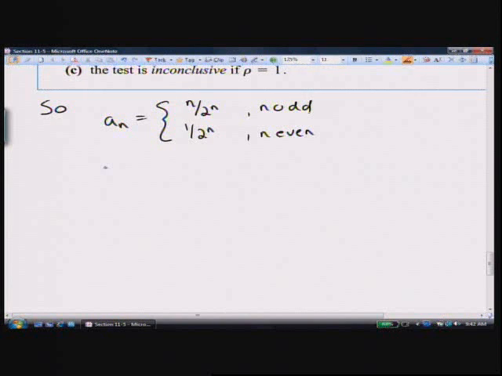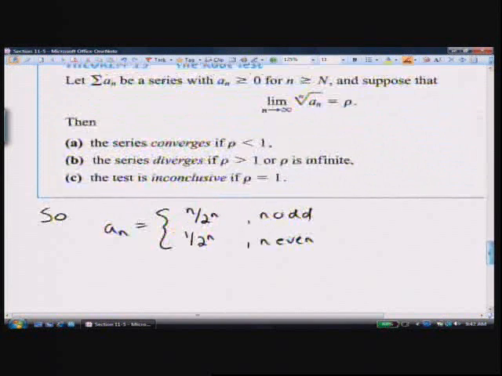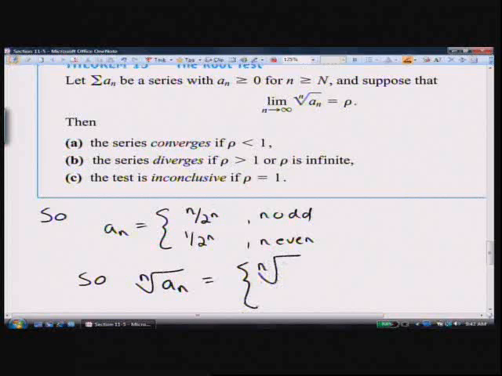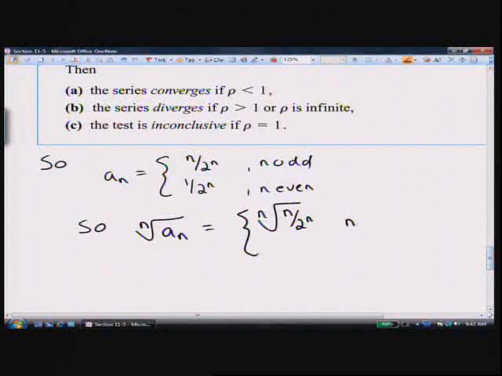What we want to do is look at the nth root of a sub n. So we would look at the nth root of n over 2 to the n when n is odd, or the nth root of 1 over 2 to the n when n is even.